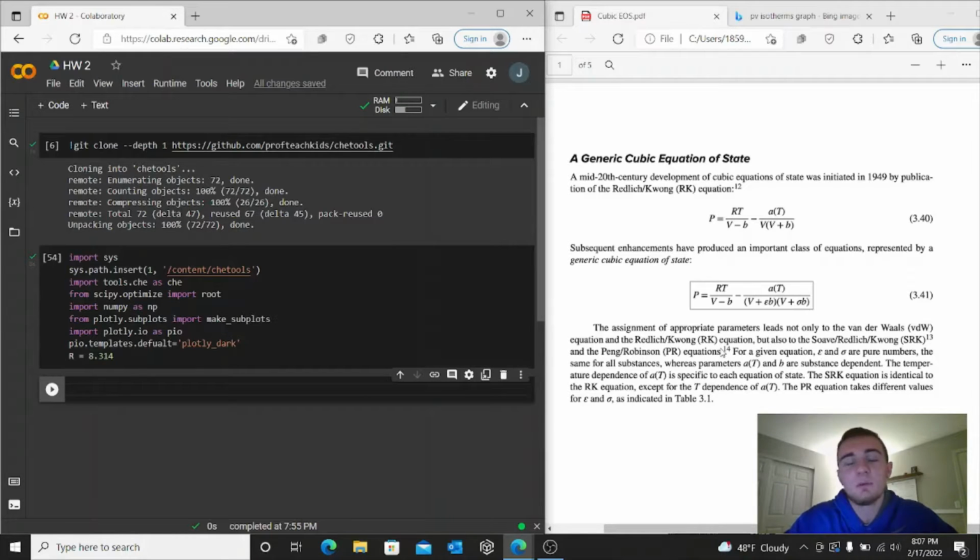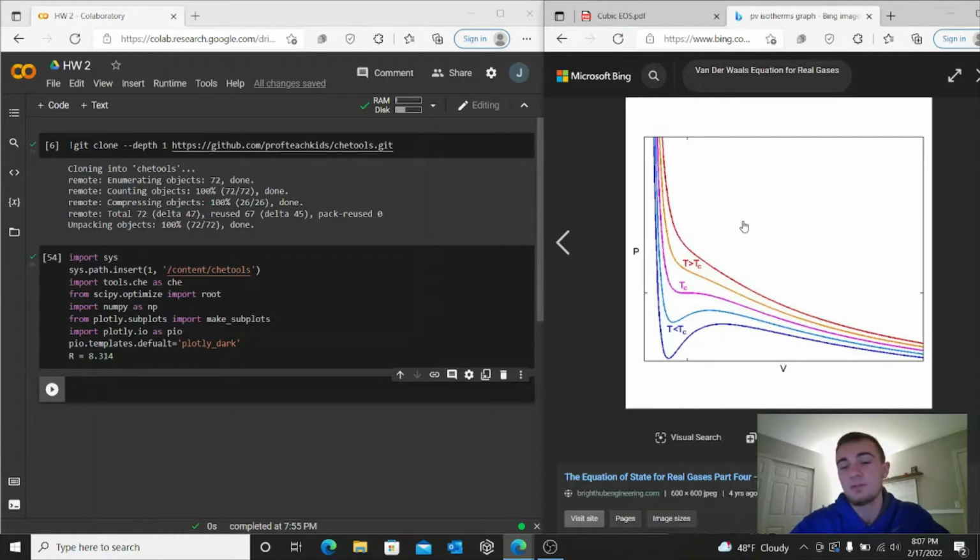Now you might be asking, what does a pressure versus specific volume graph look like with isothermic curves? Essentially, it looks something along the lines of this graph here that you see on the right. Again, we have pressure on the y-axis, the specific volume on the x-axis, and we have temperature held constant.